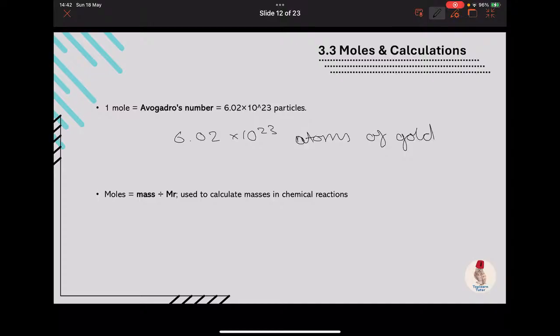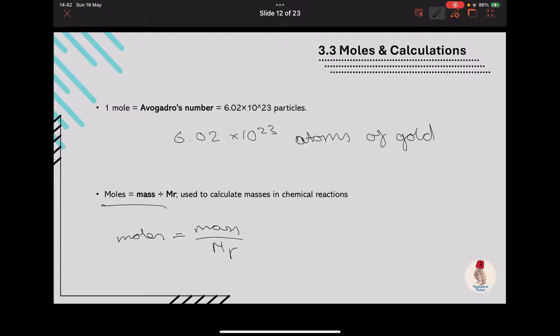So let's say in 1 mole of hydrogen atoms, you will have 1 gram of hydrogen. So 1 gram of hydrogen contains 6.02 times 10 to the 23 atoms of hydrogen. Now, a formula that you need to know is moles equals mass over MR.